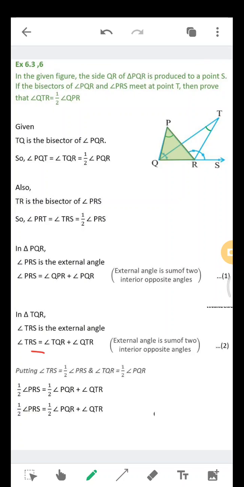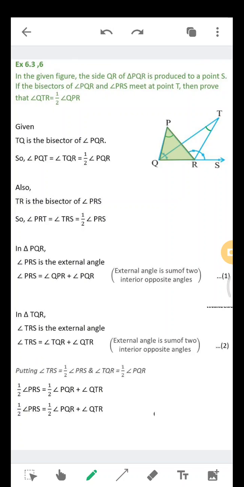So TRS is half of PRS and TQR is half of PQR, plus QTR as it is. We substituted these two in equation number 2. So we get half of PRS is equal to half of PQR plus QTR.